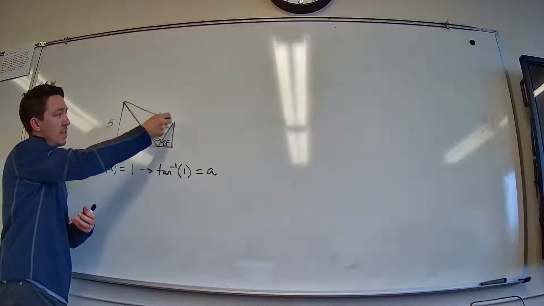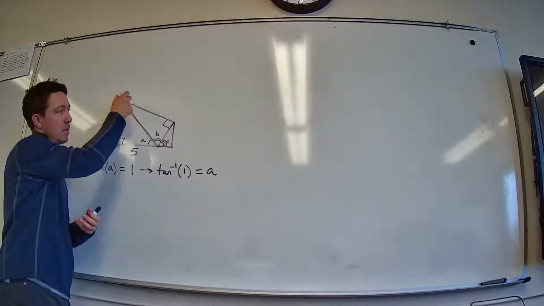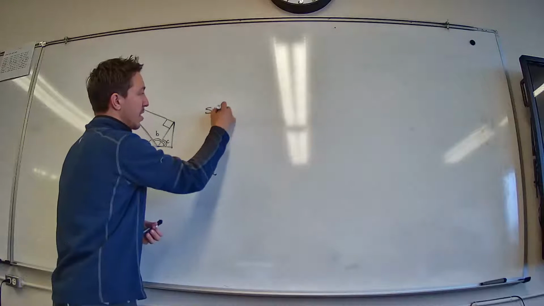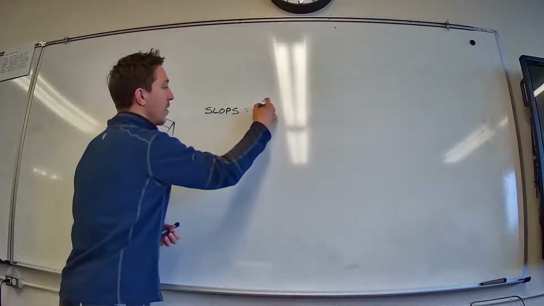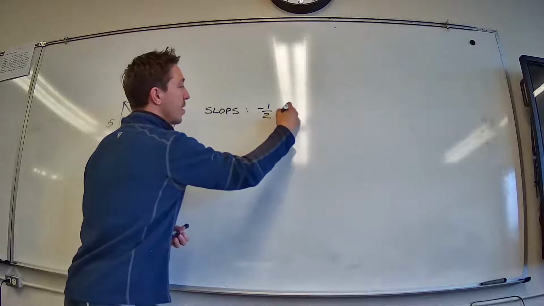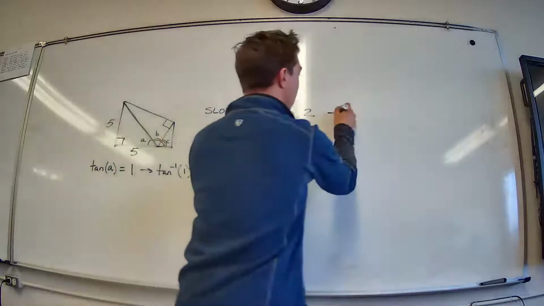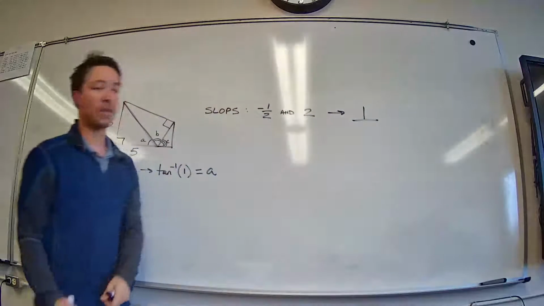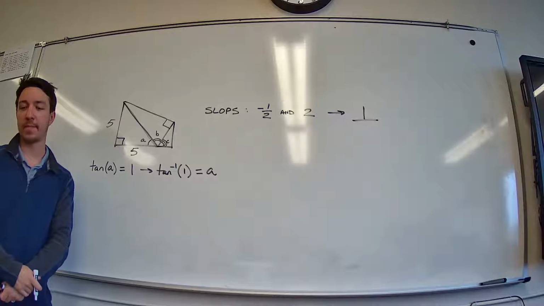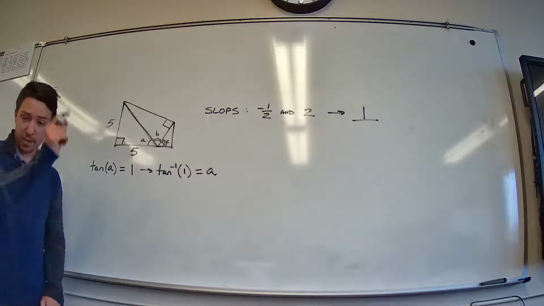What's the slope of this guy? Negative 1/2. So if you have slopes of negative 1/2 and positive 2/1, that tells you that they are perpendicular. Right? Cool beans?